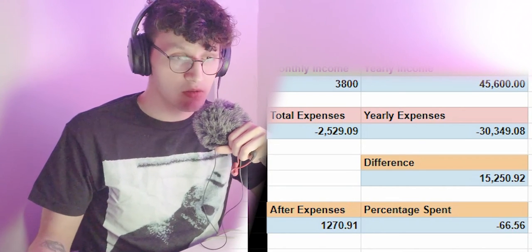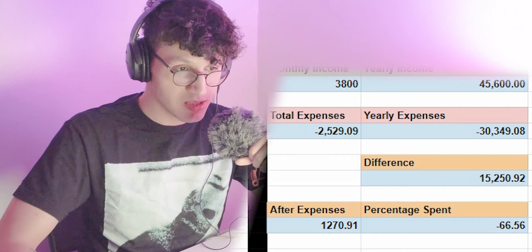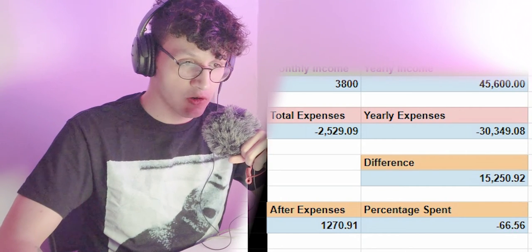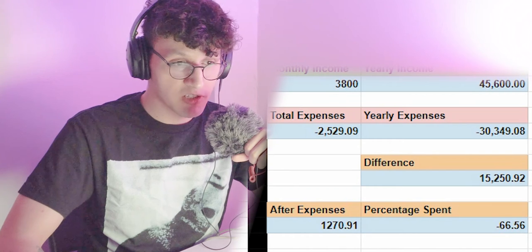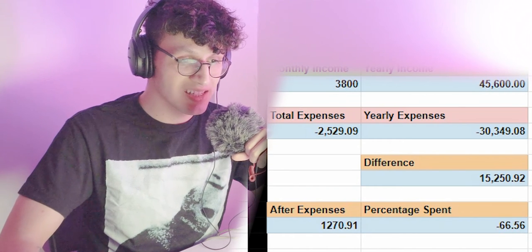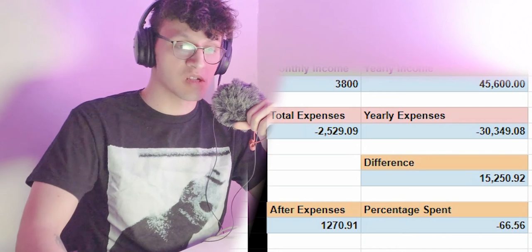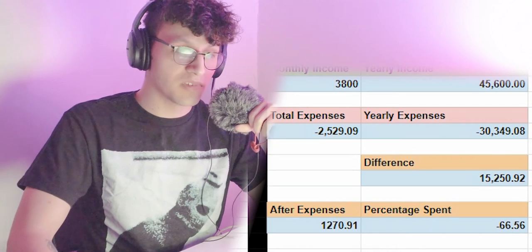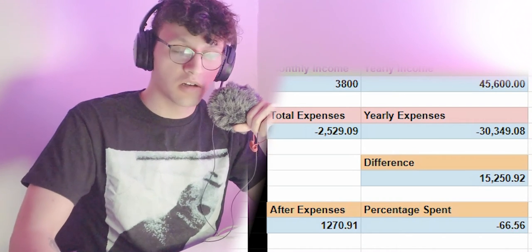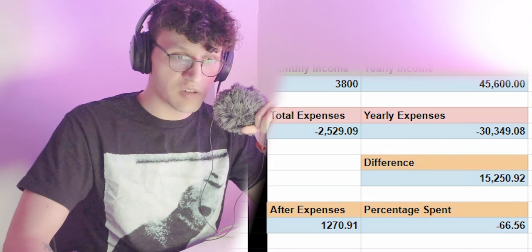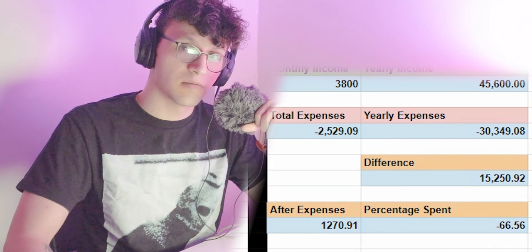But of course, in this example that we have right now with these current numbers, the difference would be $15,000. That is 66% of this person's yearly income is completely gone. But that leaves them with a good chunk of money to spend.